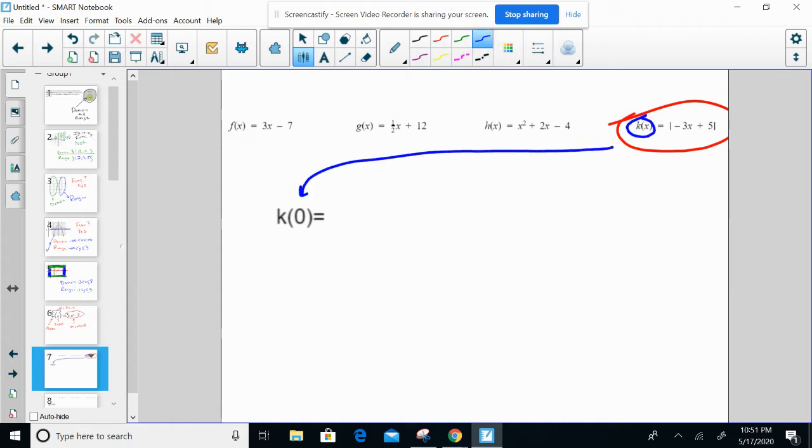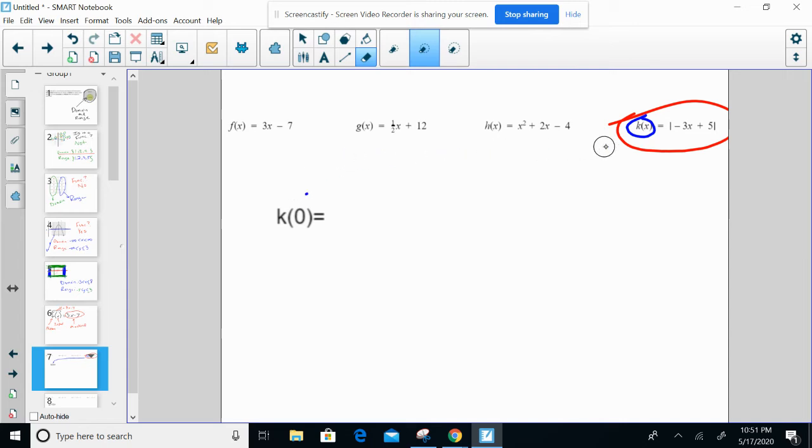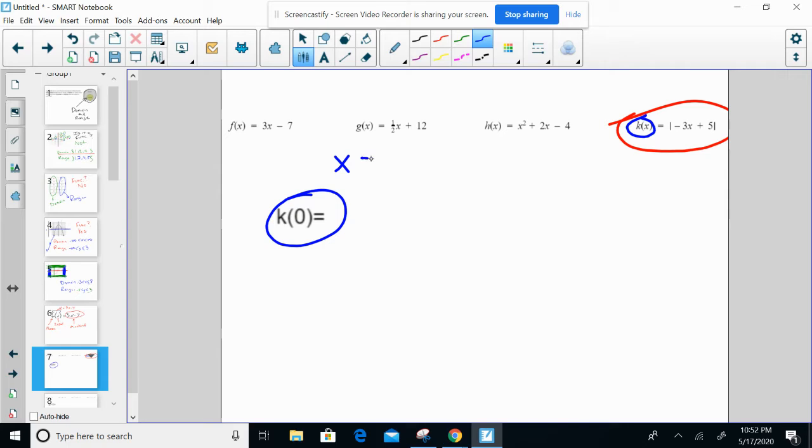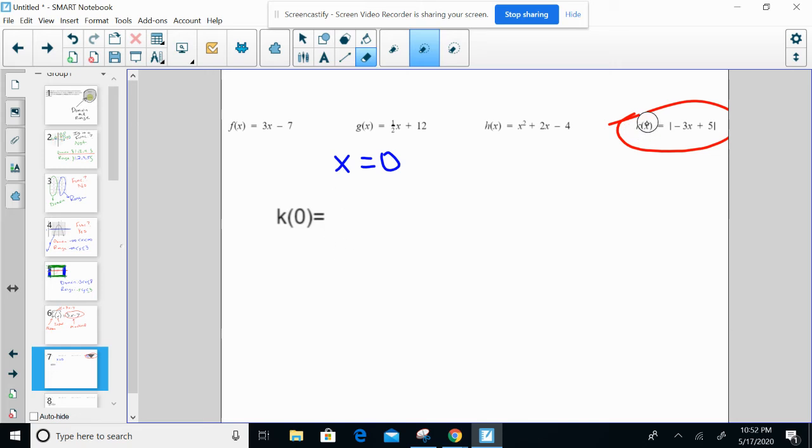What changed? The x turned into a 0. That means that x is 0. That's what you're plugging into the machine. We want to find the y that goes with x equals 0 when it runs through this function.